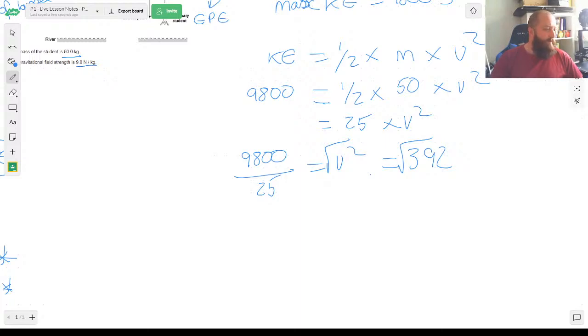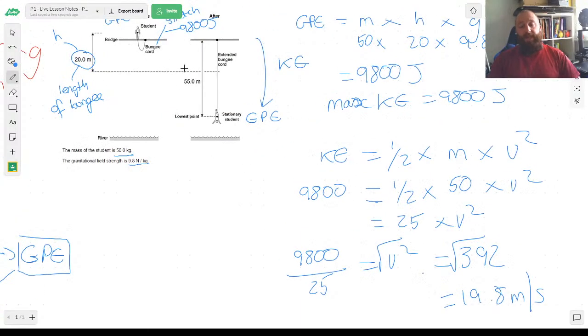Oh, wrong one. Okay, so we're at 19.8 meters per second. That's quite quick. So he's now falling at 19.8 meters per second, or his theoretical maximum.